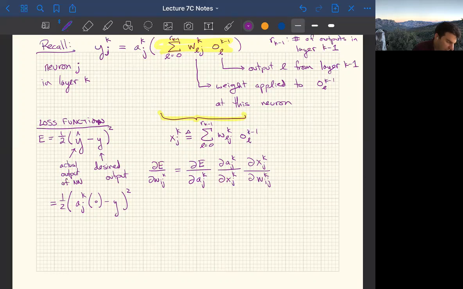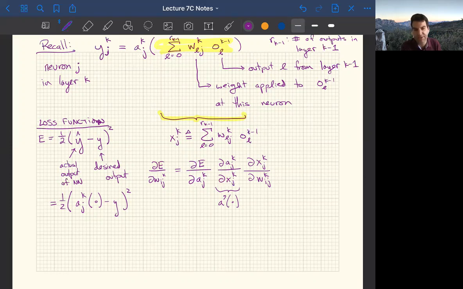And this term here is just the derivative of the loss function. So you choose a loss function shape and you take the derivative of it and you can get that.